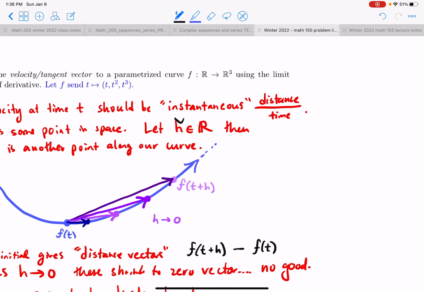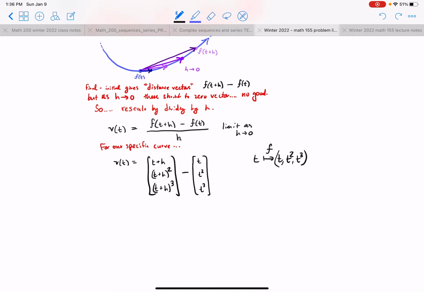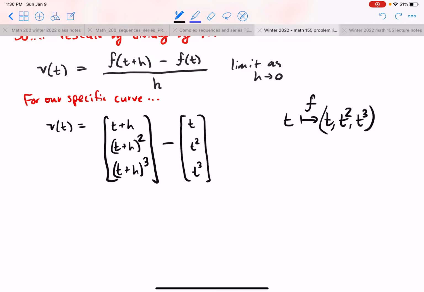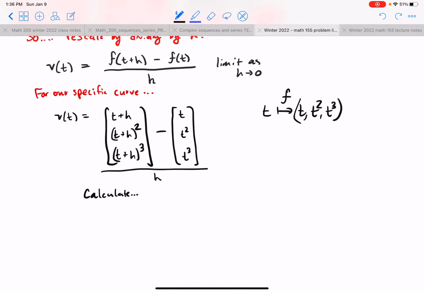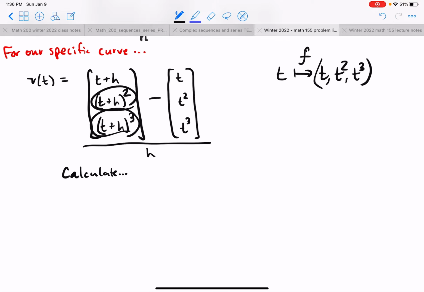You could call it smiley face, but that's just hard to write a lot of times. It doesn't matter what you call it. And then we just divide by h. Okay, so let's calculate. So you can subtract vectors. Well, first of all, let's calculate squaring things and cubing things.